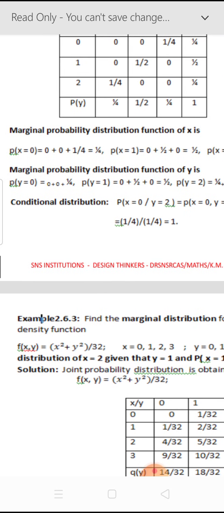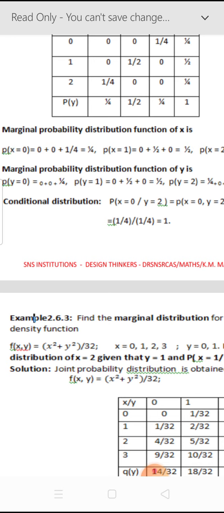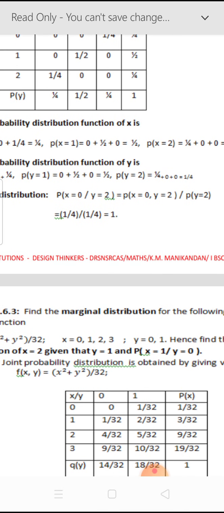Next we are going to find the conditional distribution for probability of x equal to 0 given y equal to 2. We apply the formula: p of x equal to 0 given y equal to 2 equals probability of x equal to 0 comma y equal to 2 divided by probability of y equal to 2.